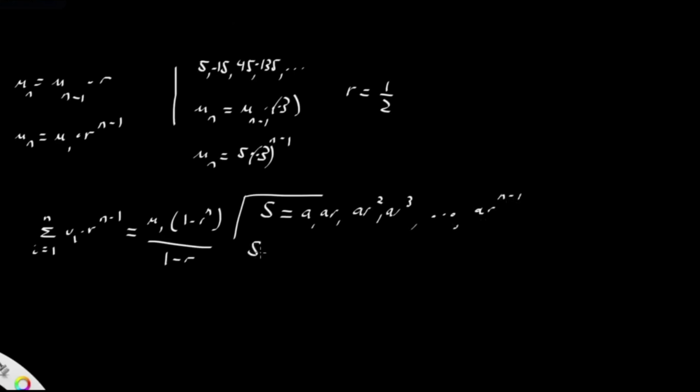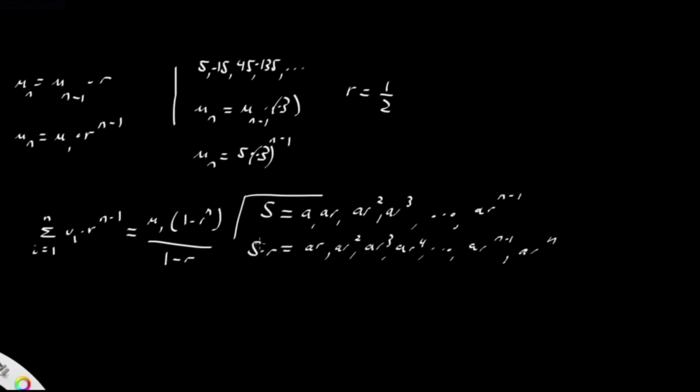Then S times r will be equal to ar, ar squared, ar to the third, ar to the fourth, and so on, until ar to the n minus 1 and ar to the n, because ar to the n minus 1 times r is equal to ar to the n.